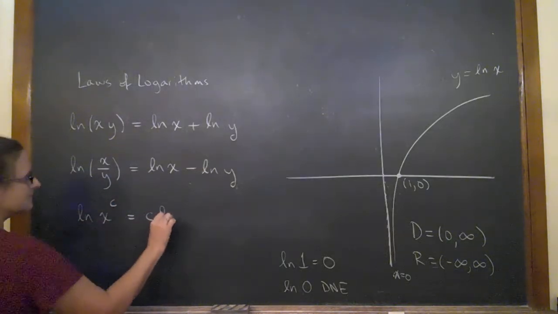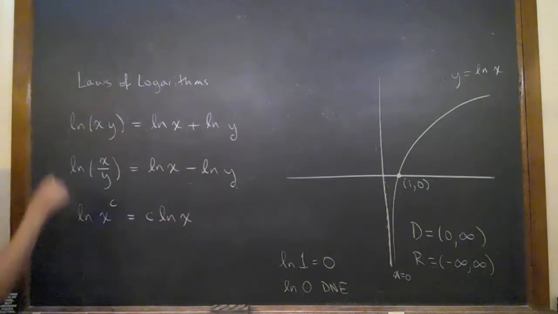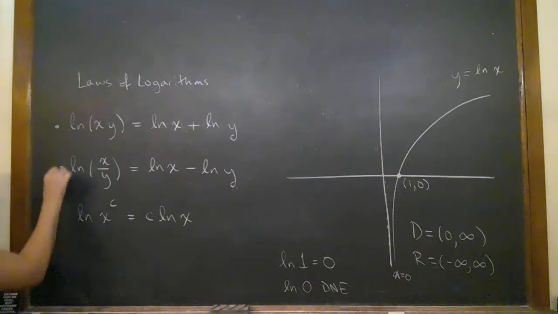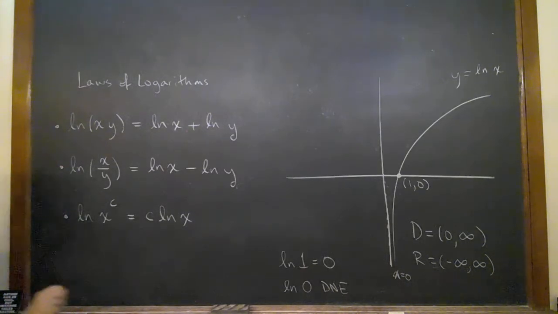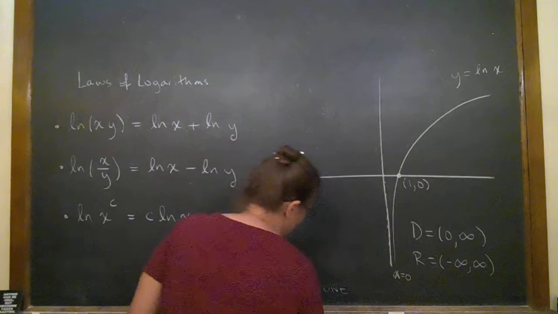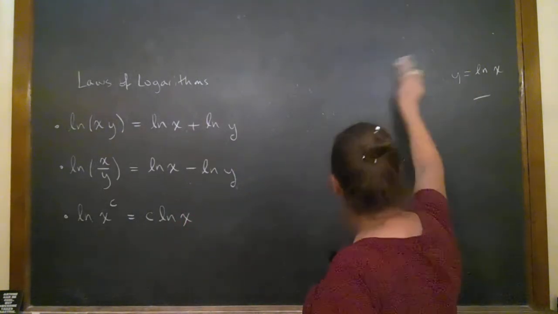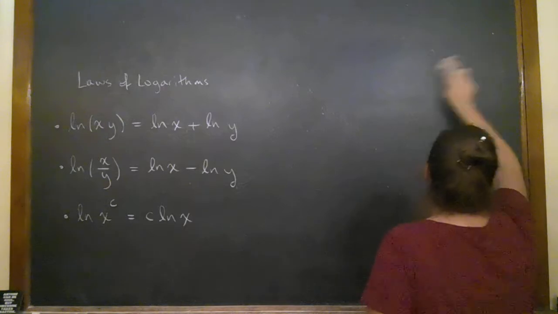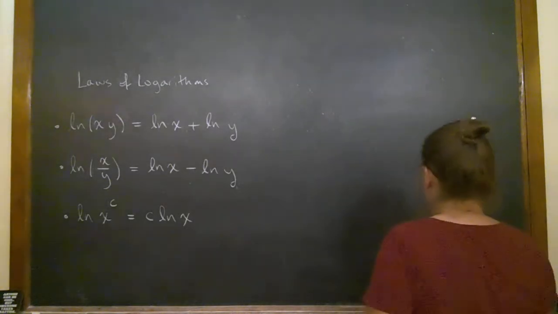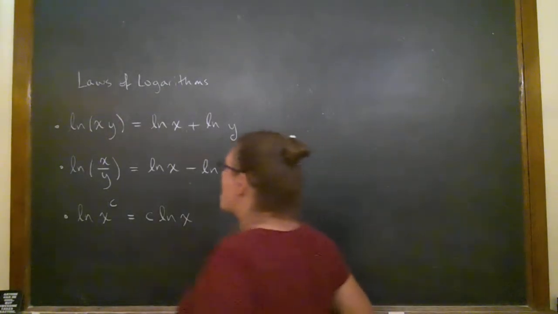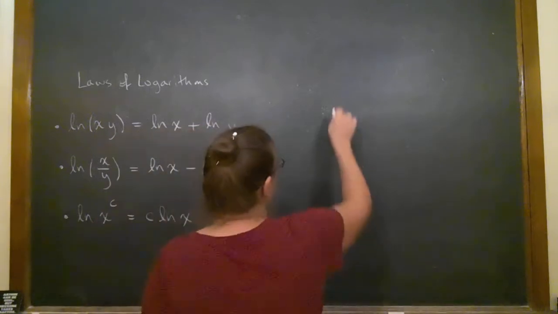That's c times the natural log of x. So these three, we'll use them a lot. It's important that they're this way. And in fact, you can show that they follow from the laws of exponents. Be careful.